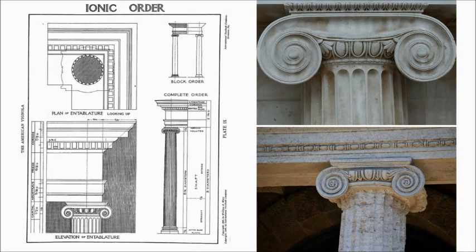So it becomes a little bit more slender, and as a result, the entablature itself is 2 1/4 diameters in height. But here on the right, I just wanted to point out really quickly, you've got 2 examples of Ionic columns, specifically the column capital.